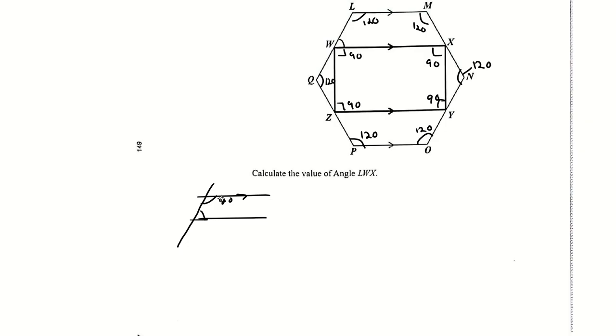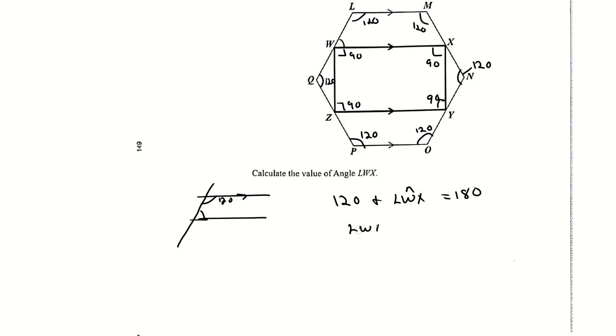We know that these two angles here are supplementary because they are interior angles. Are we seeing that, guys? So that means that 120 plus angle LWX would be 180.